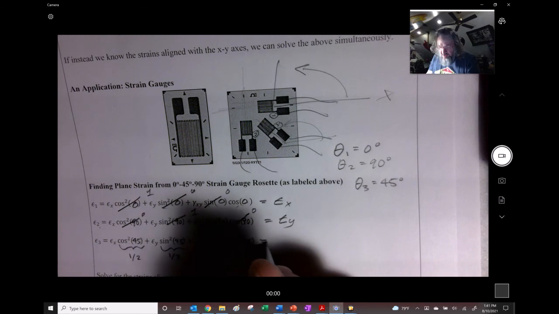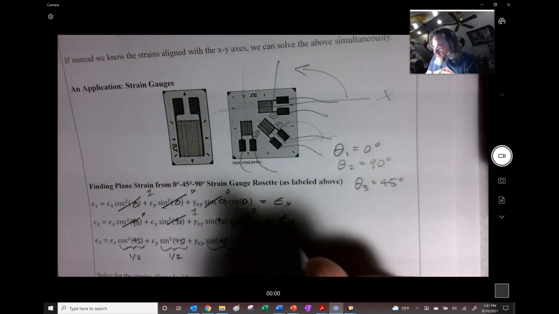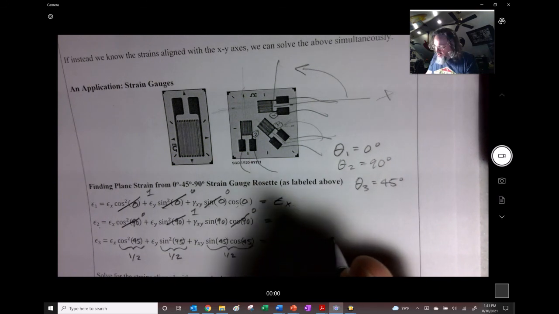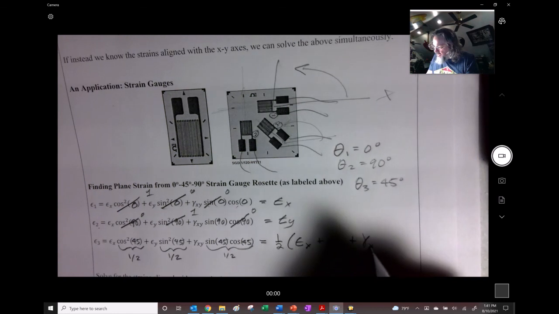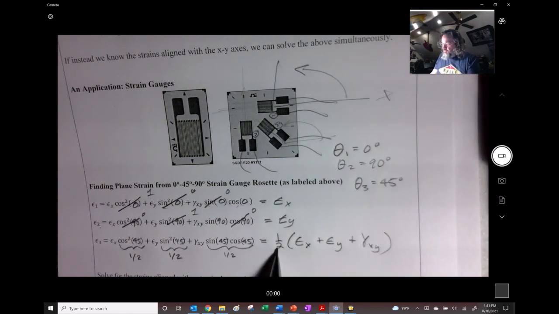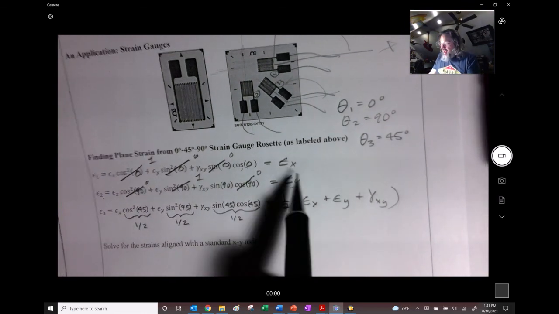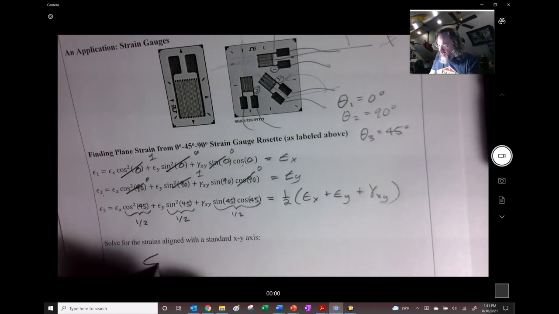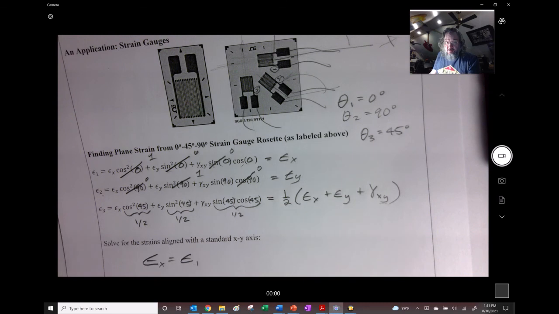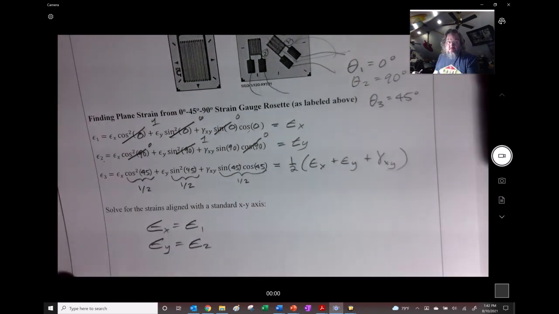So this is the only more complicated one. This is epsilon 3. We get 1/2 epsilon x plus epsilon y plus gamma xy. So you see we have 1/2 on each of these, but now we want to solve for epsilon x, epsilon y, and gamma xy. Well, first off, epsilon x is equal to epsilon 1. Epsilon y is equal to epsilon 2.